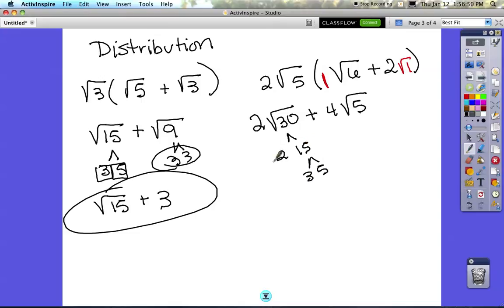Do I have a pair of 2s? Pair of 3s? Pair of 5s? So I multiply everything, so if there's nothing to pull out, then this stays the same. So do we know that the square root of 5 does not break down? Yes. So that is your answer.